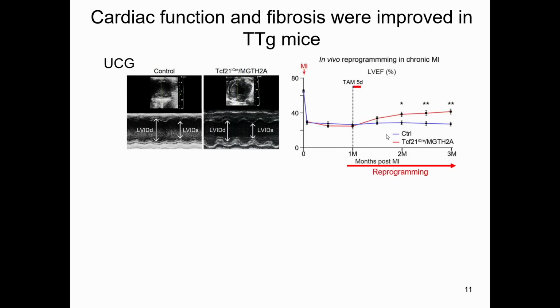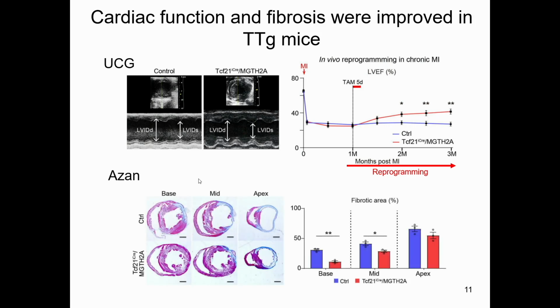Next, functional data. We did echo, as shown here, and after MI, the ejection fraction was reduced from 60% to about 30%. Then after 1 month, we administered tamoxifen to induce cardiac reprogramming in chronic MI, and we found that in the reprogramming mouse, the ejection fraction was increased, but not in the control mouse.